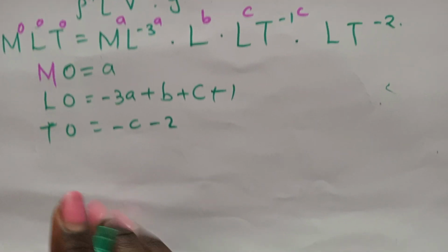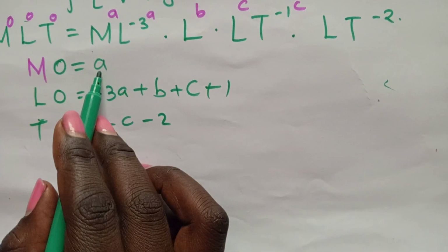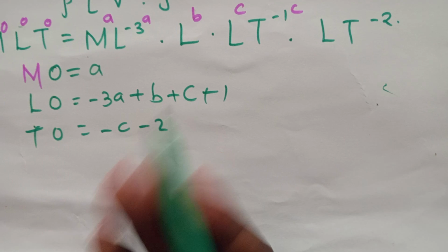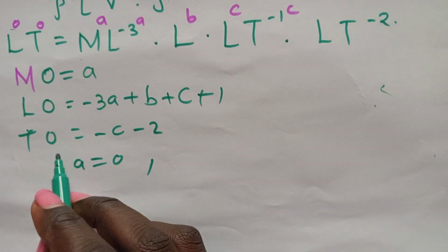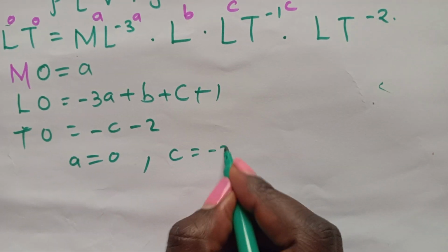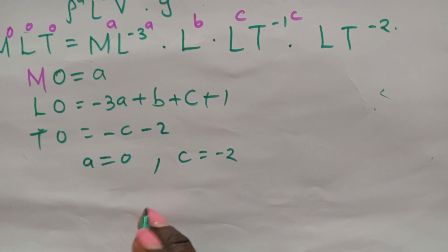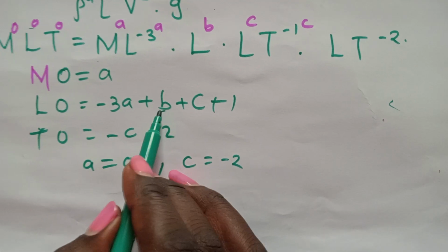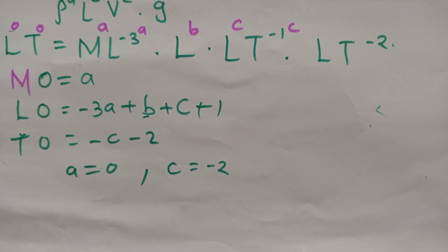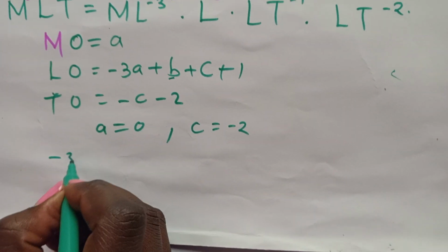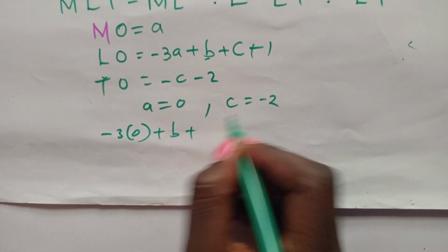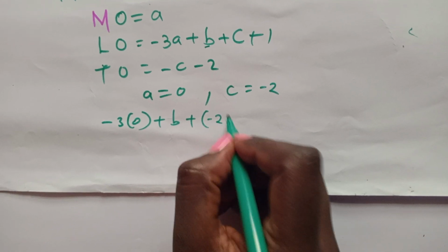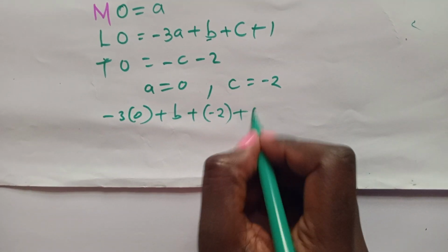So identify the values. Simply 0 is equal to A, it's like being told A is equal to 0. So our value of A is simply 0. For C, on the other side, C is equal to negative 2. Now we can compute for B here. So negative 3 times A, which is 0, plus B, plus C, which is negative 2, plus 1.